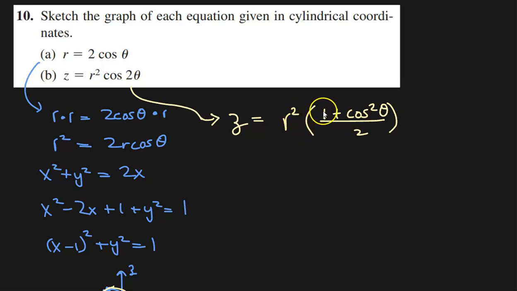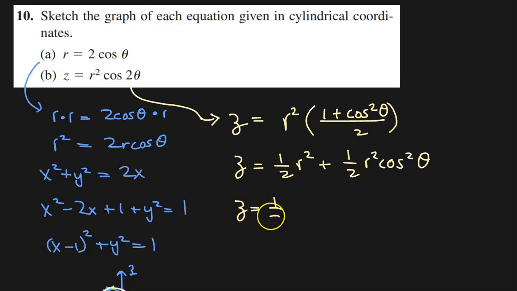So we have z is equal to r squared times 1 plus cosine squared theta over 2. So let's break this up a little. We get 1 half r squared plus 1 half r squared cosine squared theta. Perfect. What is 1 half r squared? What is r squared? That's just x squared plus y squared.